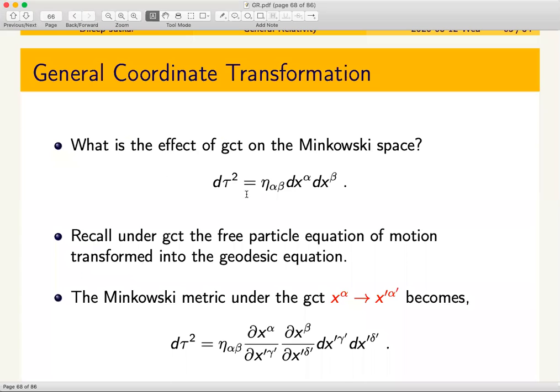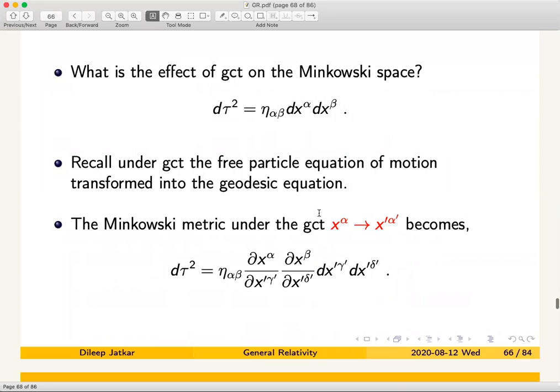So that is something we know. Now we want to ask: under a coordinate transformation of the same kind, what happens to the line element itself? That is kind of easy to check. You go from x alpha to x prime alpha prime coordinate system, use the chain rule and replace dx alpha by del x alpha by del x prime gamma prime times dx prime gamma prime.